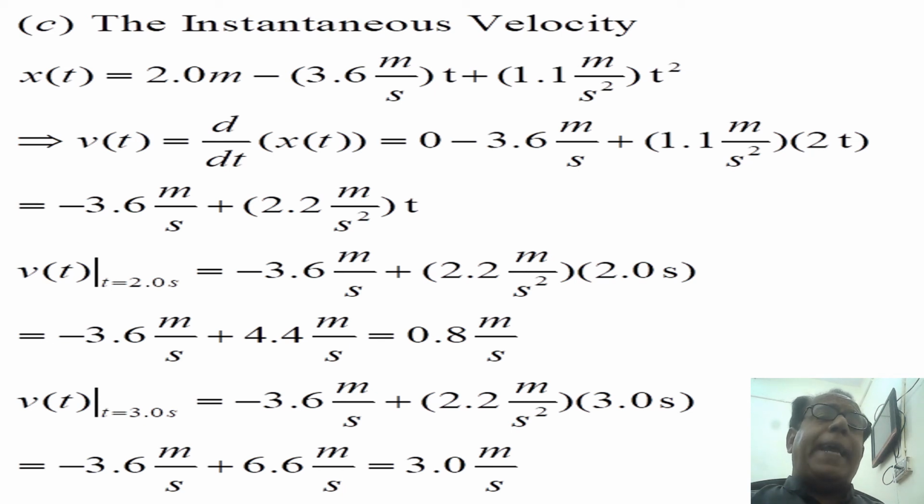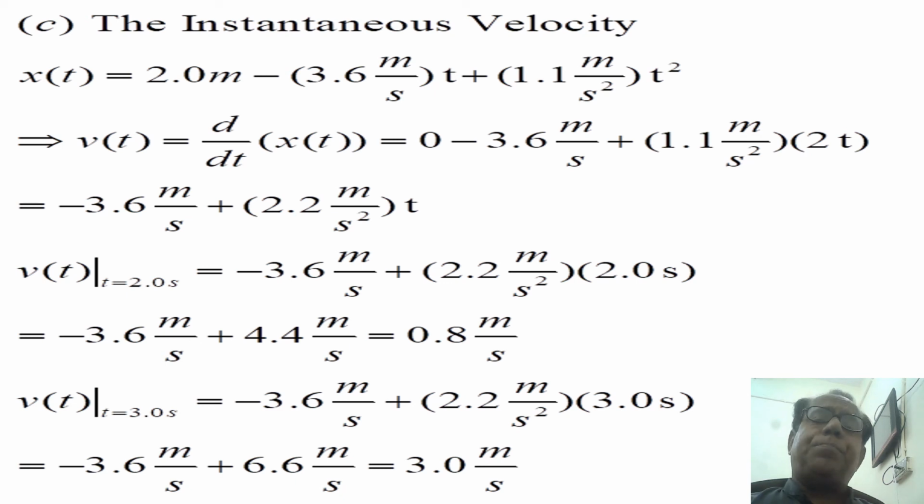So v(t) at t equal to 3.0 second alternatively becomes equal to minus 3.6 meter per second plus 6.6 meter per second. Why meter per second? Because the second in the numerator cancels with one second, and a second appears in the denominator.